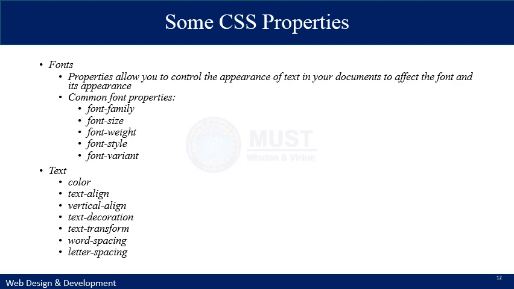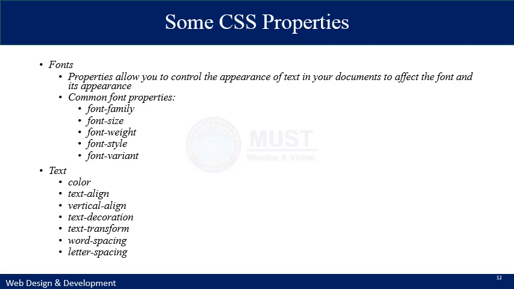The text properties also have some other values such as color, text align, vertical align, text decoration, text transform, word spacing, letter spacing, etc. Color you are very familiar with. It specifies the color of the text, and the horizontal alignment of the text is controlled by left, right, or justify.